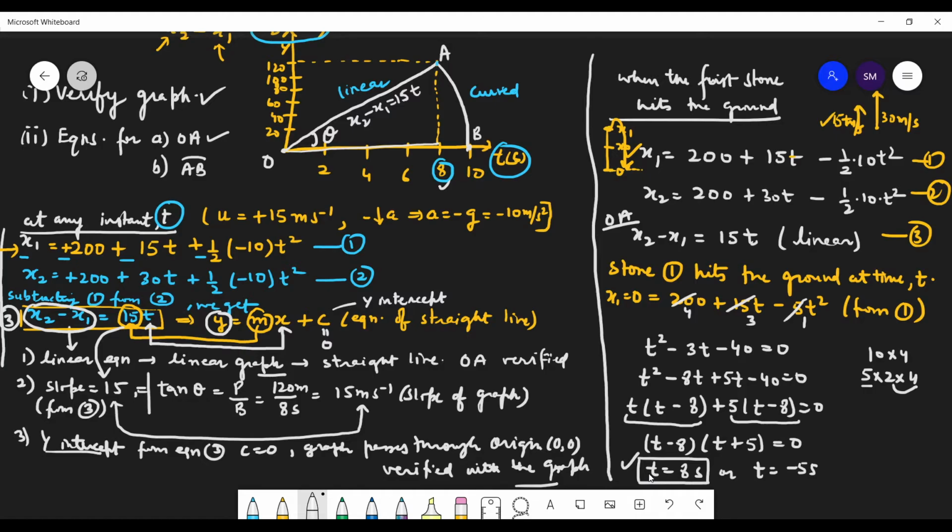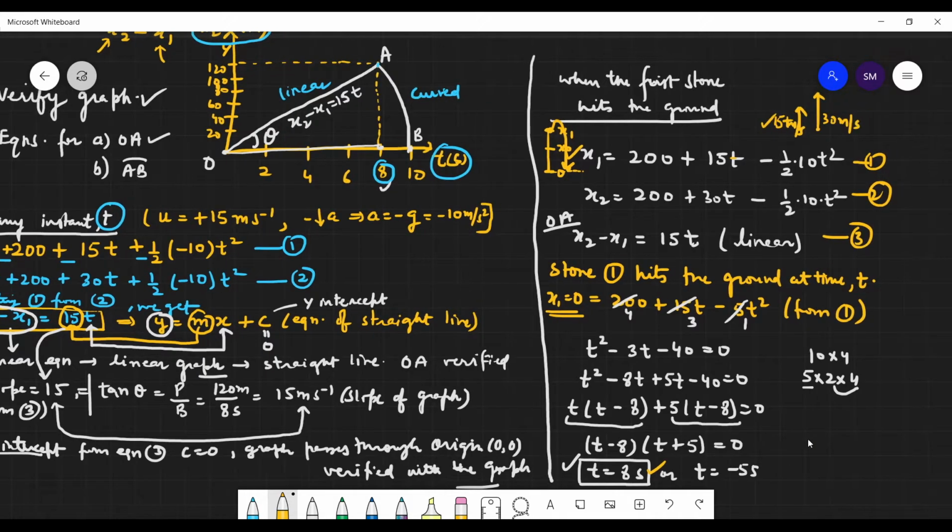So it means that is what is given over here, that at 8 seconds x1 becomes 0. So what's the result, what's the impact of this?